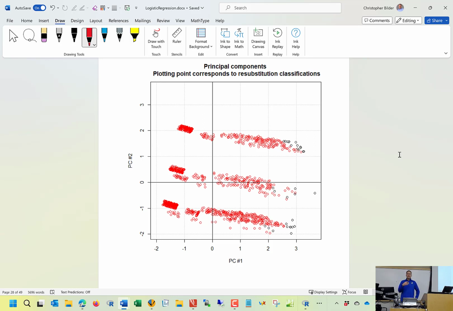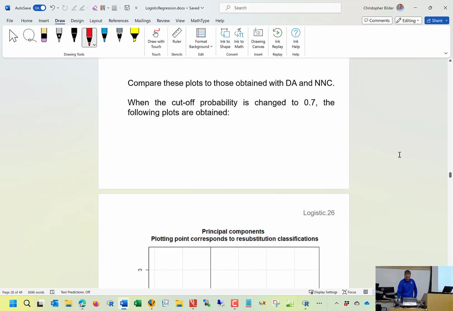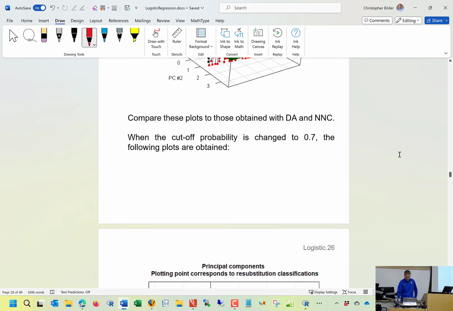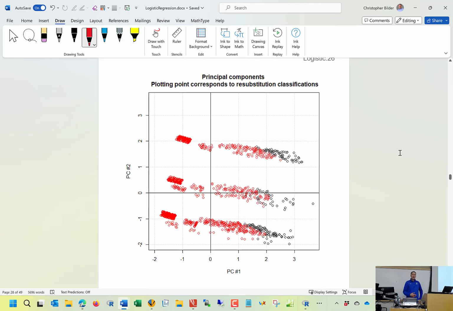Yes? But in logit analysis, you can set the cutoff. You do different cutoffs, you get different results. Exactly. And I think that might be coming up. So this is for 0.7. Since I use 0.7, that means I'm going to have more failures predicted.